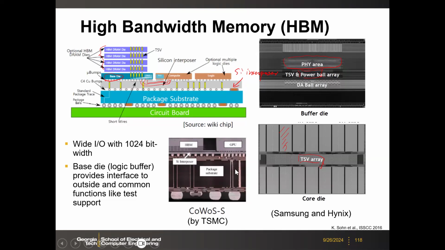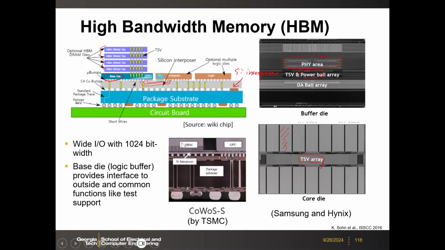On the right, those are top views. If we peel off the top dies and look from the top view, then you see this logic die. This other image is a little bit different. This one is a cross-sectional view, but under the microscope in the real setup.